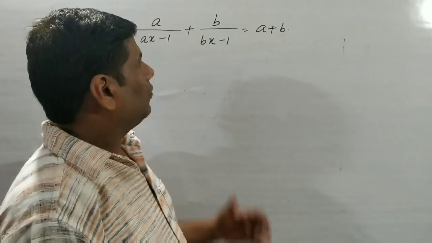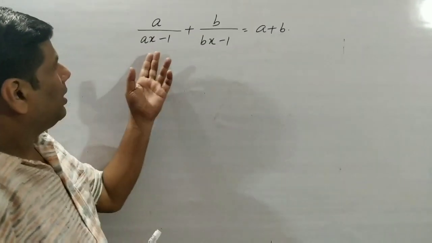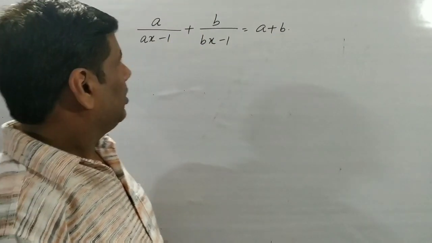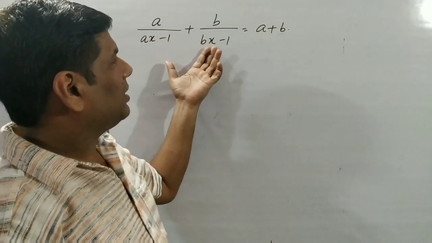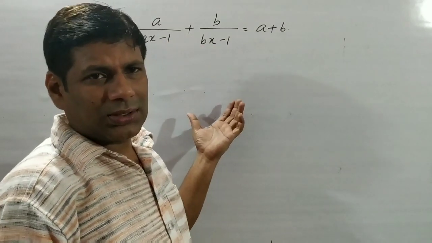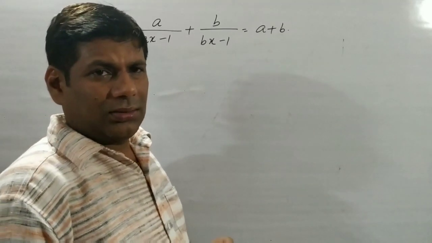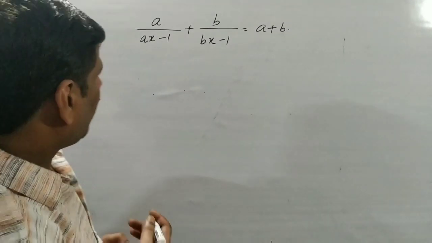Let us move to one more question. a by ax minus 1 plus b by bx minus 1 equals to a plus b. If we take LCM of these two, then it will become a longer process. So let us think how it can be solved in a simple manner.